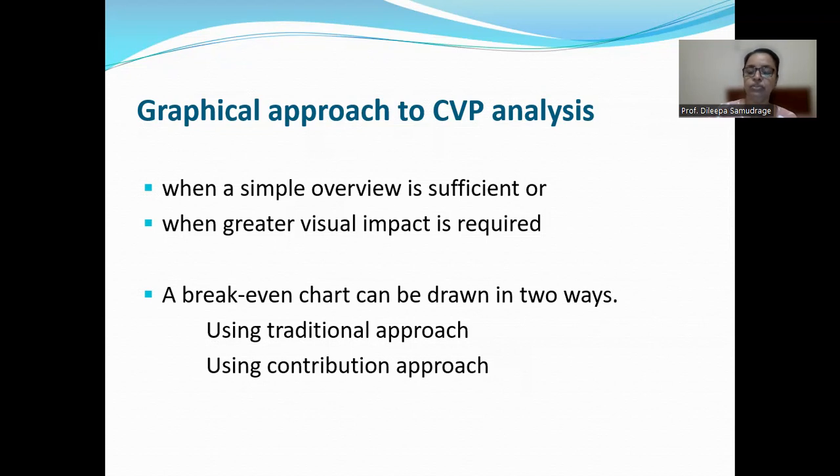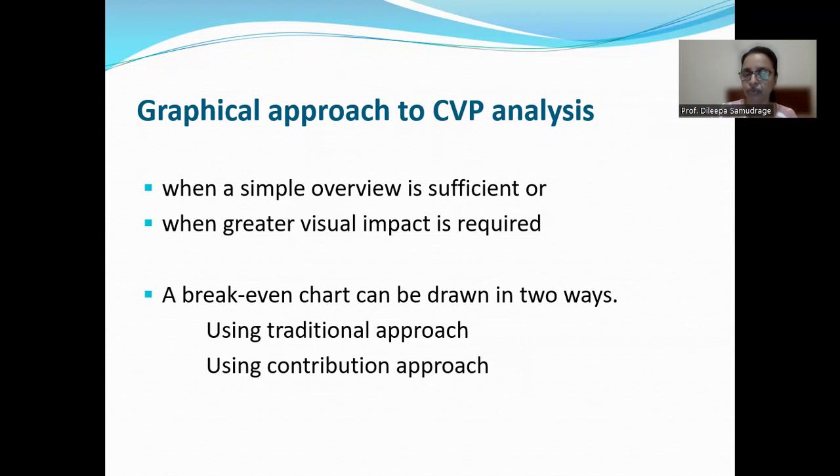Based on the demand, you want to find out the break-even point, margin of safety, profit. If it is making a loss, how much is the loss? Those things you want to find out. But if you explain those things using equations and many calculations, the management cannot understand. It's difficult. But if you can show all these things using a graph, they can understand it very well.